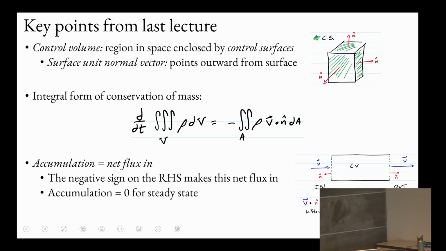It will be positive when v dot n is less than 0, because that will be less than 0 and then you have a negative sign. So that's positive inwards, which matches what we expect for our accumulation. Our accumulation should be going up when there's a net flux in. And at steady state, we have accumulation equals 0, which means all the different fluxes in and out of our control volume are balanced.